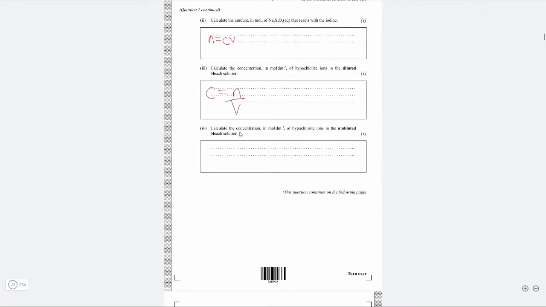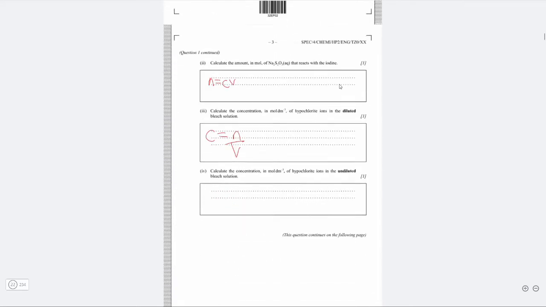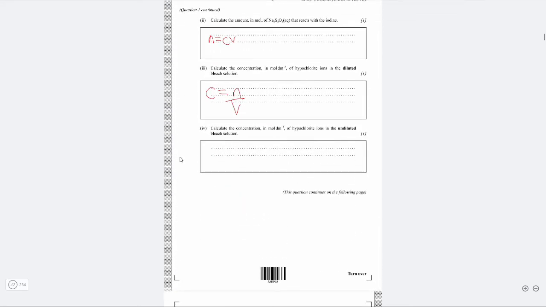Okay, calculate the concentration of the undiluted bleach solution. The first step of this procedure was diluting the solution from 25 milliliters to 250 milliliters, which is diluting it 10 times. So if you want to go back, you have to multiply the concentration by 10.